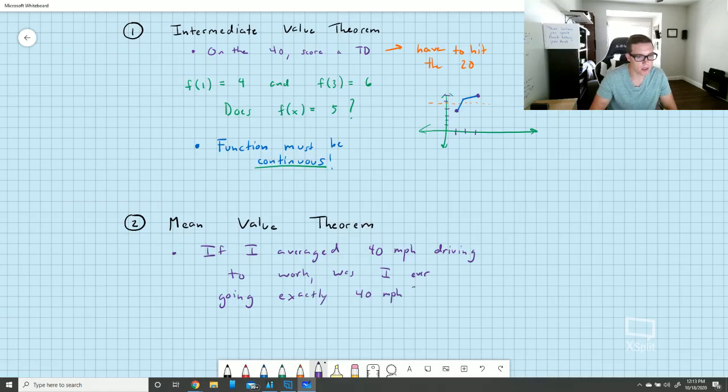So think about what I'm telling you. I have an average rate of change of 40. If I told you on average I drove 40 miles per hour to work today, does that mean there was ever an instant I was actually going 40?